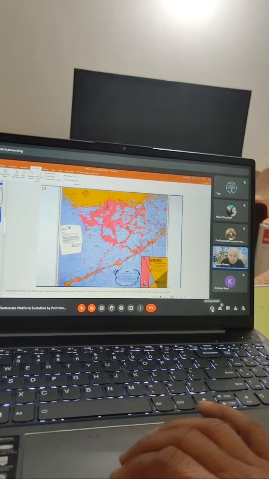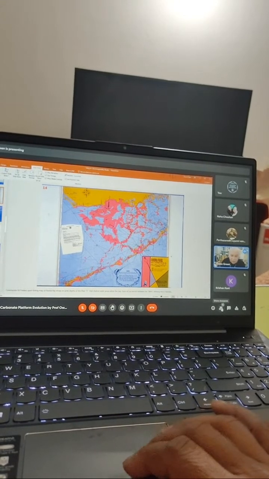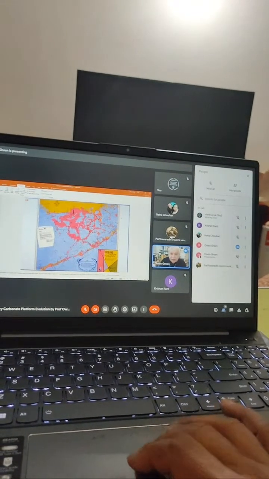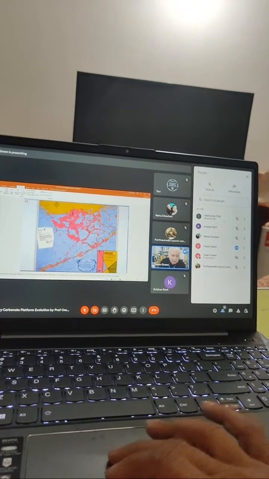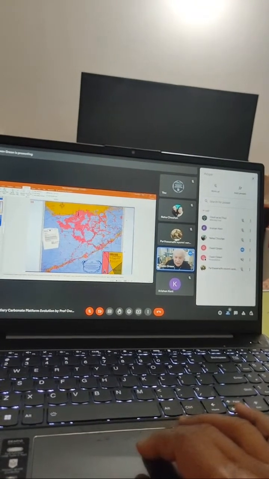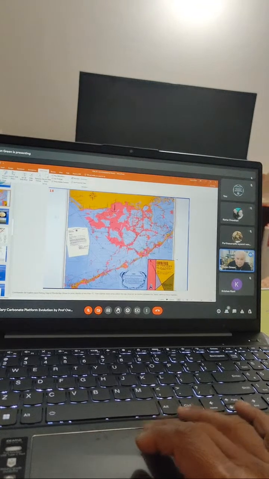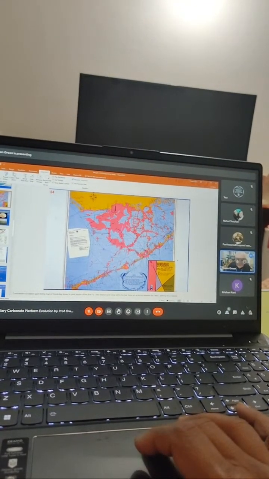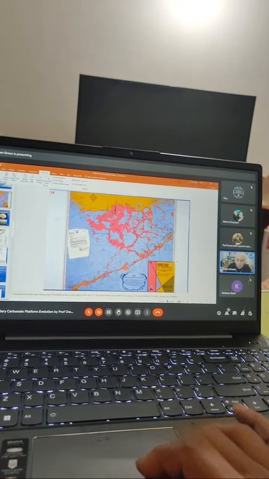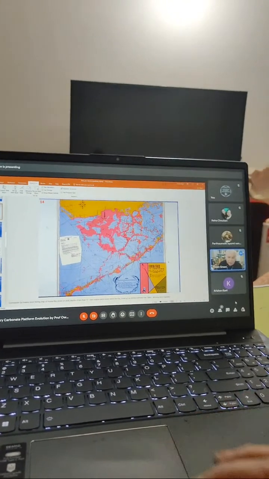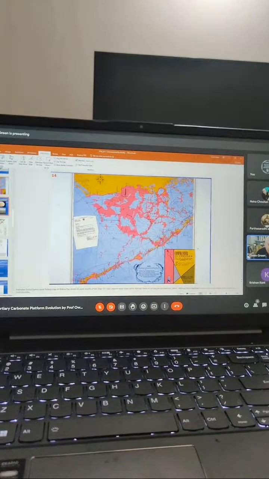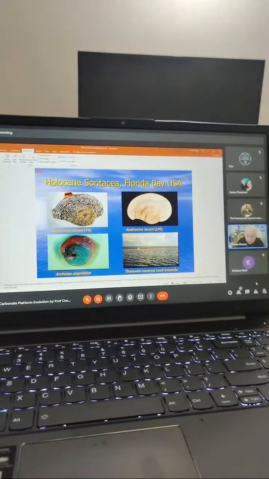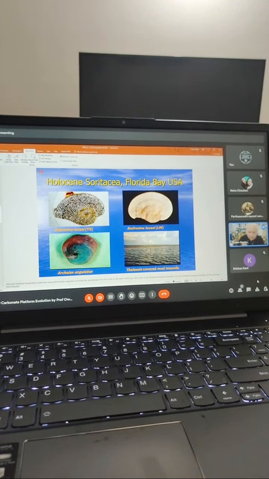So you can see that it's possible to actually walk across huge distances of Florida Bay, and I can tell you from experience that's what I've done. And between these shallow pink areas, we've got these blue areas that we tend to call lakes, and these are covered in seagrasses, as we see down the bottom right in this diagram.